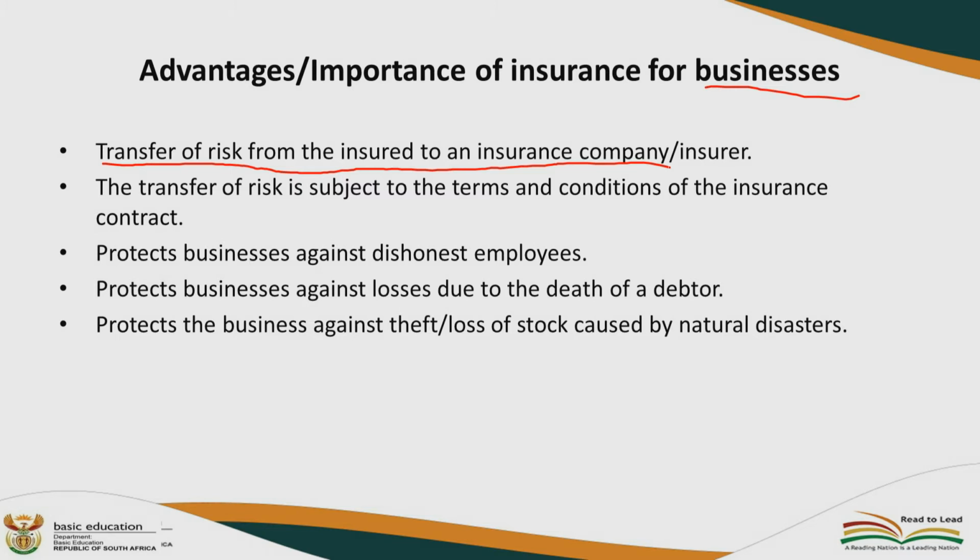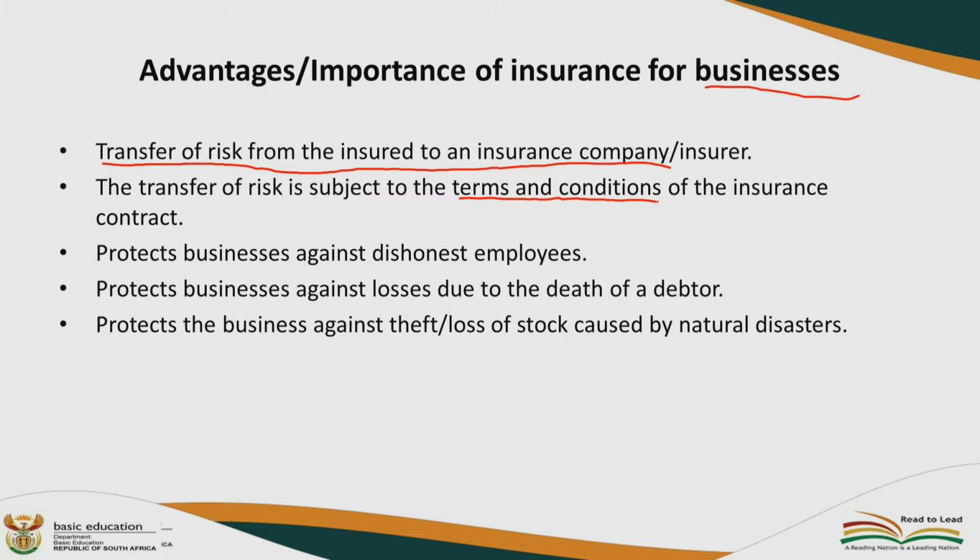The transfer of risk is subject to terms and conditions of the insurance contract. This now is important. What do we mean by the transfer of risk? Who is transferring the risk? It is the business. It's transferring the risk to who? To the insurer. And this transfer is actually subject to terms and conditions of the contract. What are the terms and conditions? Utmost good faith. It's taking us back to the principles of insurance. Utmost good faith, terms and conditions.